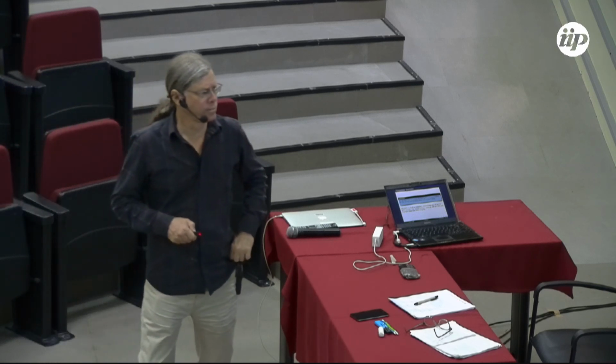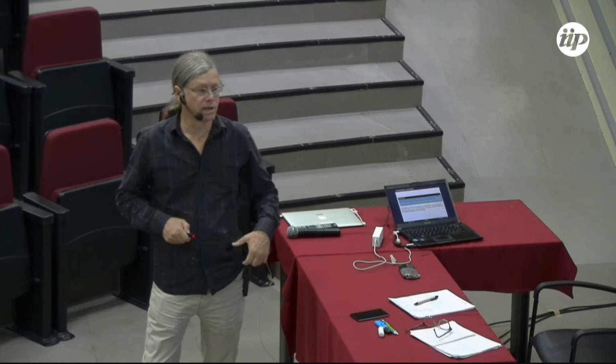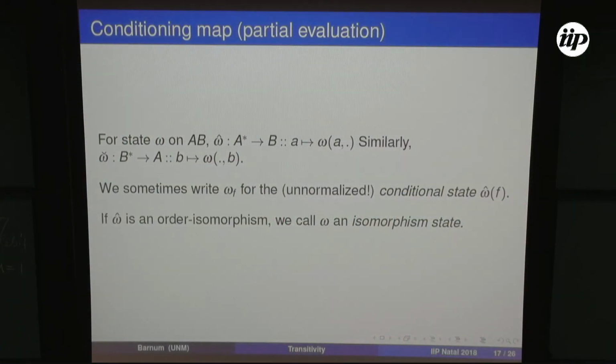All right. Any state has marginal reduced states. You just plug in the unit effect on one side, and then you get a map from effects on the other side to the reals, and that's a state. So there's this conditioning map, which is partial evaluation. We say omega hat, which goes from A star to B. So this is a state omega AB.